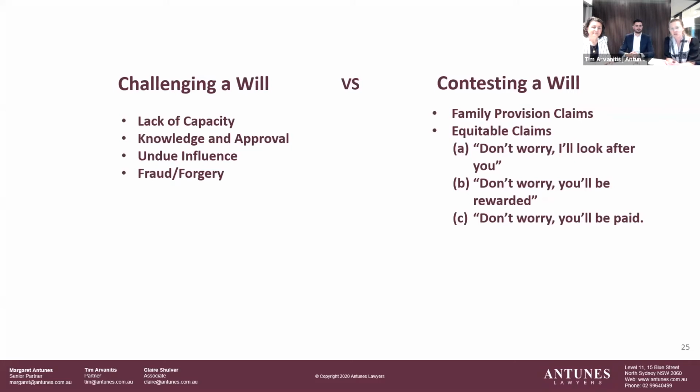And then the last two categories are the fraud or forgery kind of categories, which aren't as commonly litigated because the evidentiary requirements are much harder to prove in this category.